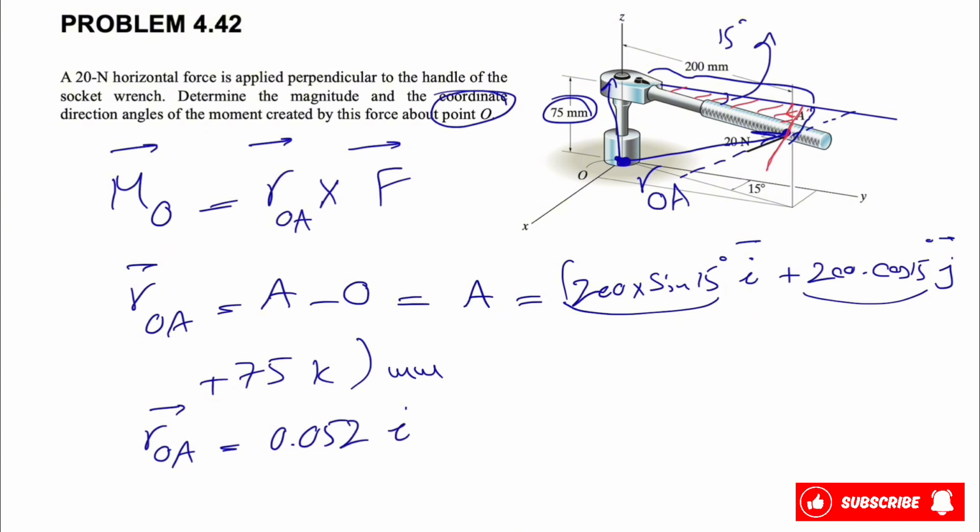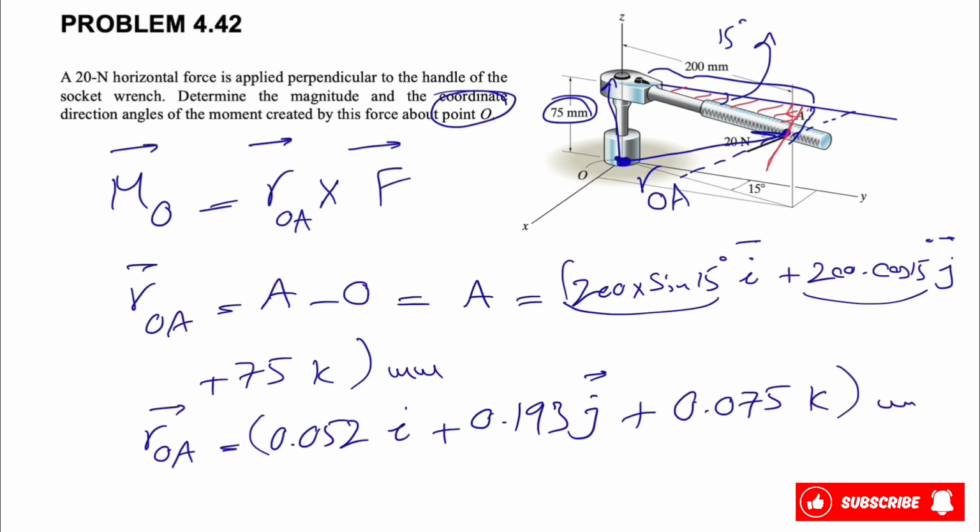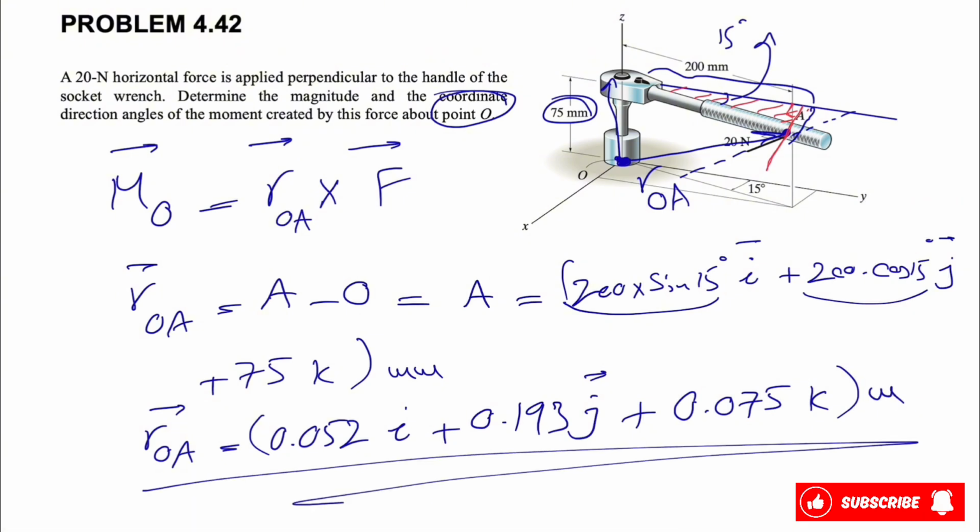That would be our I. We have 0.193 for J, and for K we have 75 divided by 1,000, which is 0.075. Now we have our R in meter this time as opposed to millimeter. So the first part of the question, which was finding the distance vector or position vector, is complete, and we have our R. Next, we need to move on to finding F in vector form.